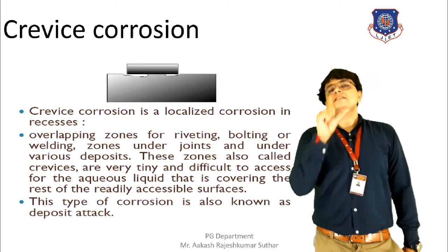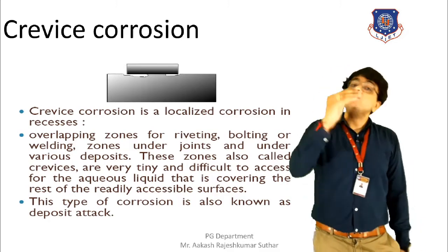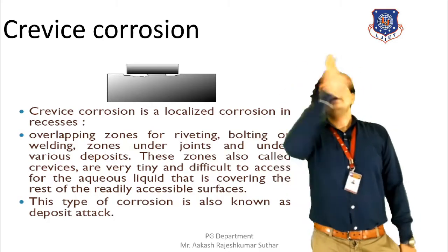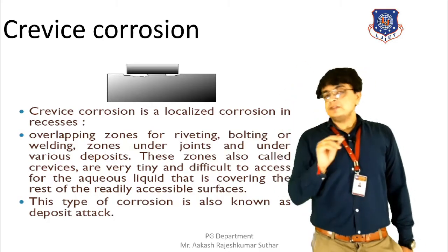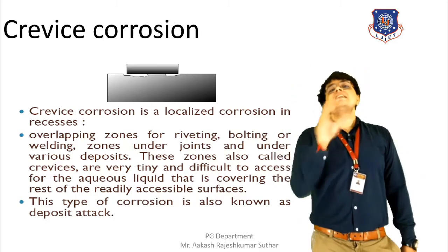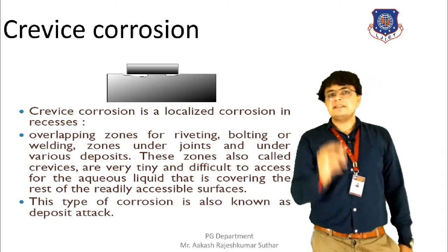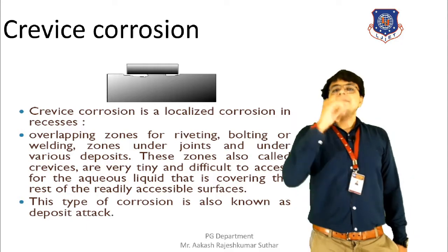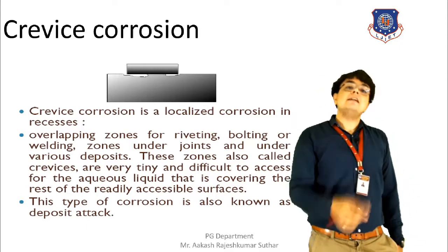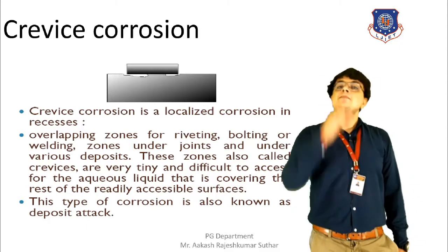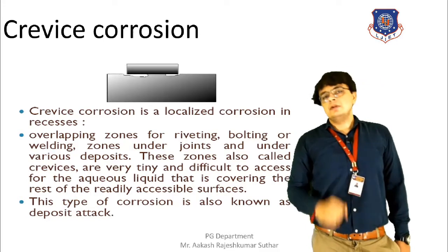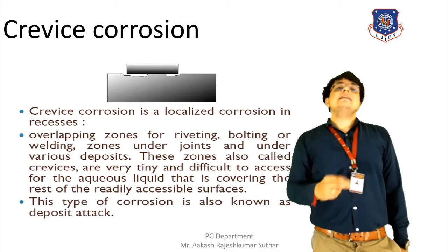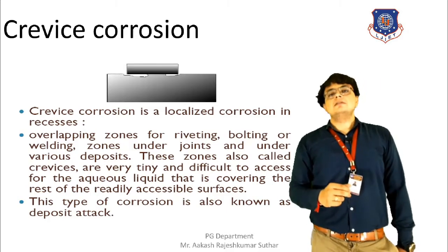The condition in the crevices will be different from the other parts of the machine or the equipment. Because of this difference in the condition of the crevices and the other parts, the electrochemical cell will be found. We can say that because of this, the galvanic cell conditions will be formed. Once the galvanic cell type of conditions are formed, then corrosion will occur.